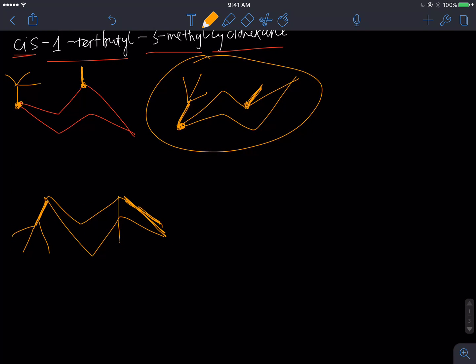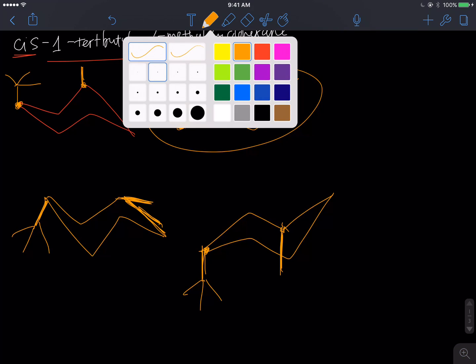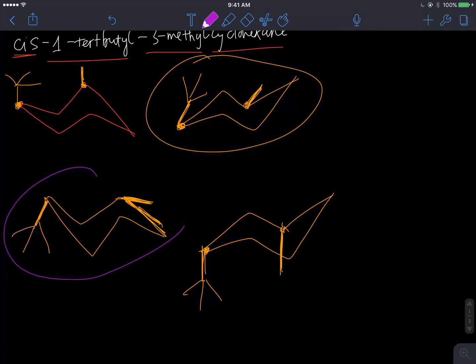When you flip them, you flip like this. You flip it, still equatorial and axial. Oh, sorry, this one should be equatorial, and this one becomes axial, right? So which one is more stable? This one, because it has more equatorial, right?